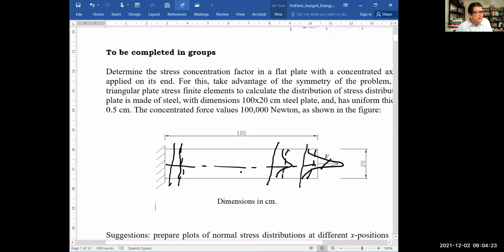With the stress distribution, you can calculate the concentration factor, and you can compare those results with the results available in the literature, because this is presented in many references.